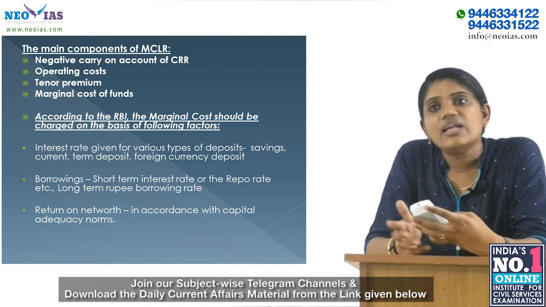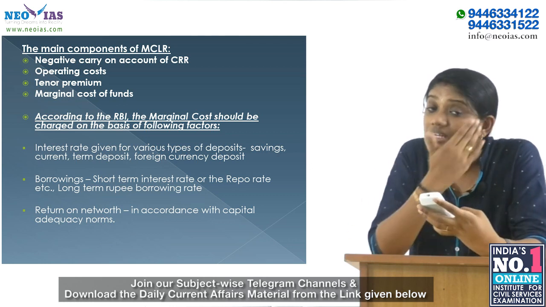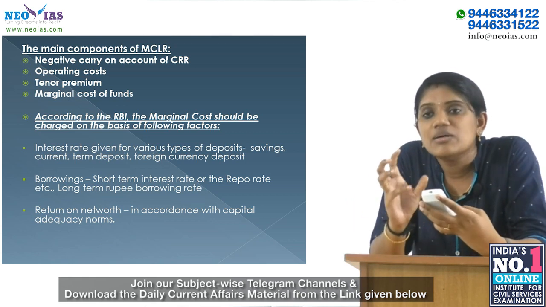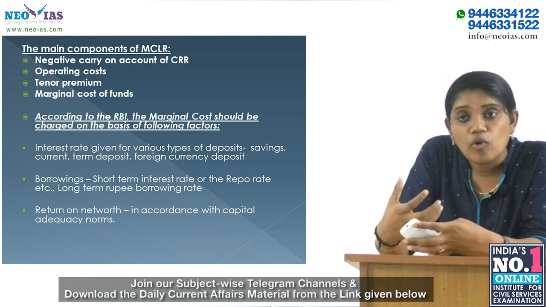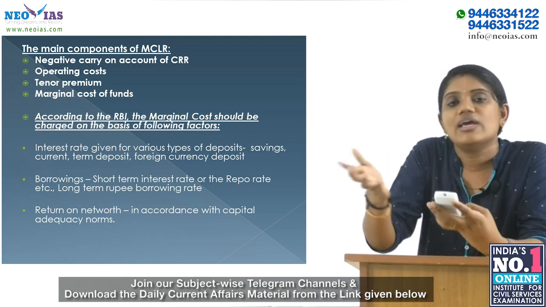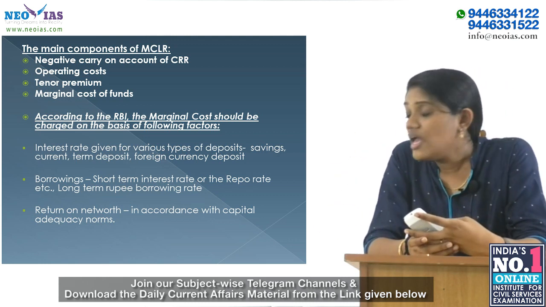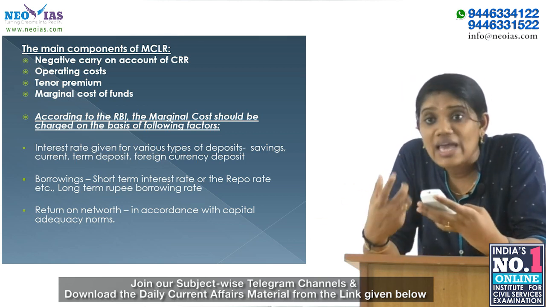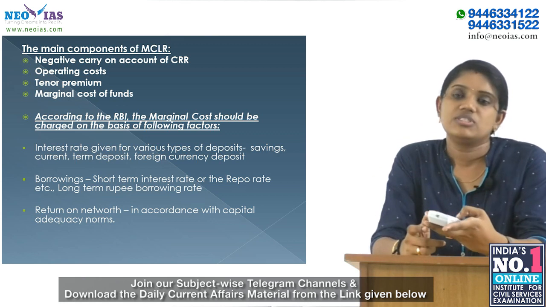Okay. Then the other factor is regarding the borrowings. That means short term interest rate or the repo rate or long term rupee borrowing rate. Clear? And another factor is return on net worth, that means in accordance with the capital adequacy norms.